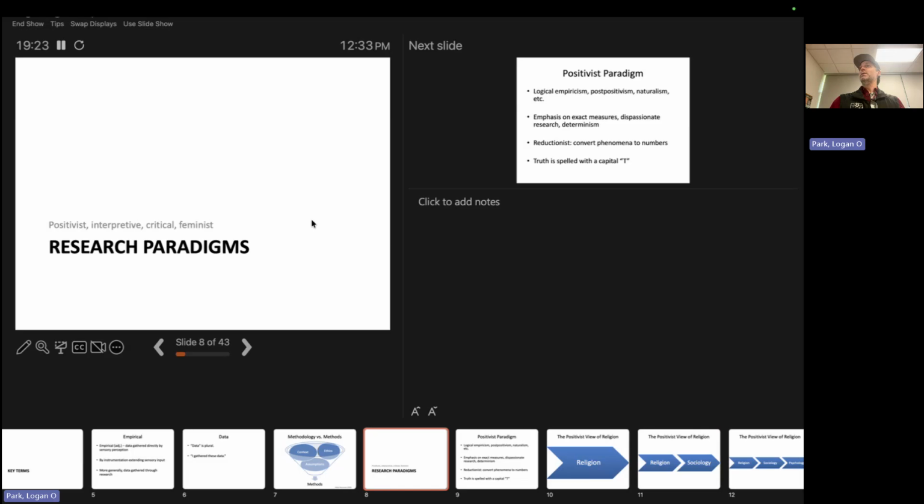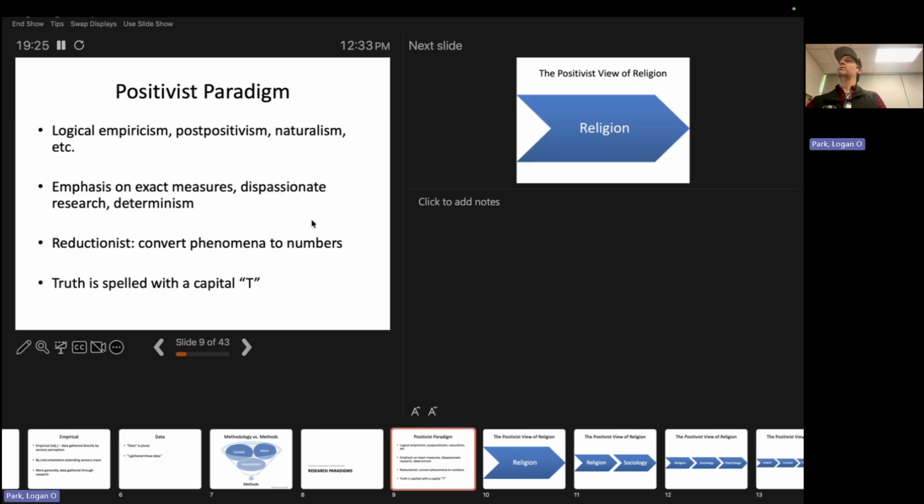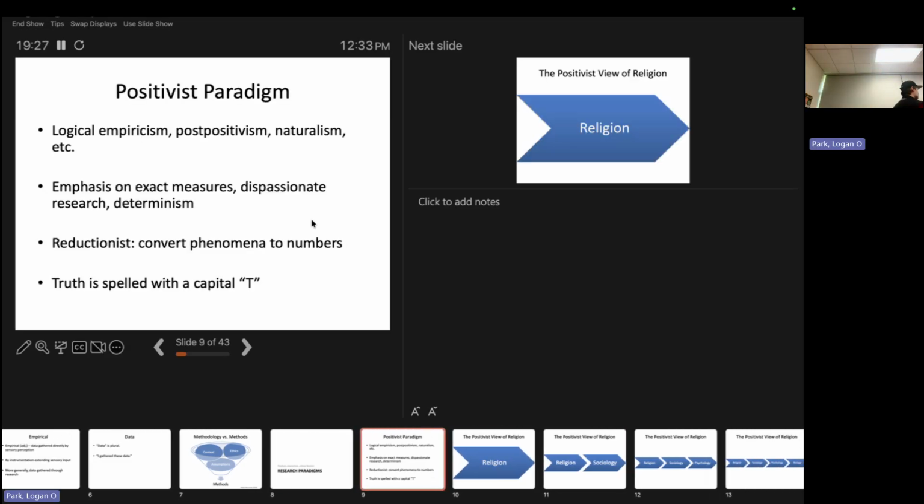From here, let's get into a very high level discussion of different research paradigms. Okay. So logical positivism is what a lot of us think of as lab research. This is explicitly, typically deductive research.